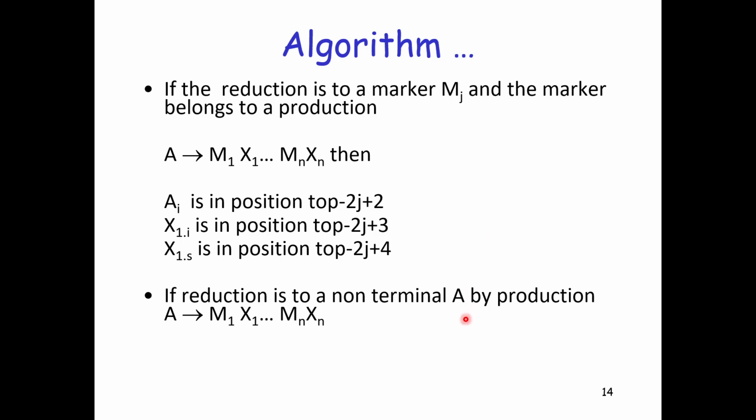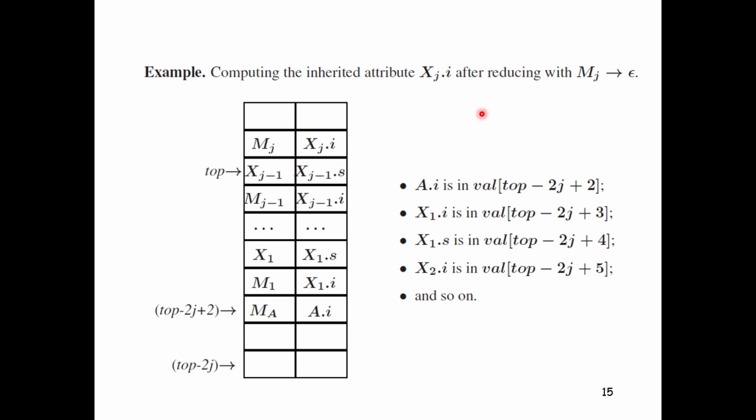If the reduction is to a non-terminal A by production A gives m1 x1 etc mn xn, computing A.s can be explained with the help of this diagram. Currently the production is A gives m1 x1 etc mj xj.